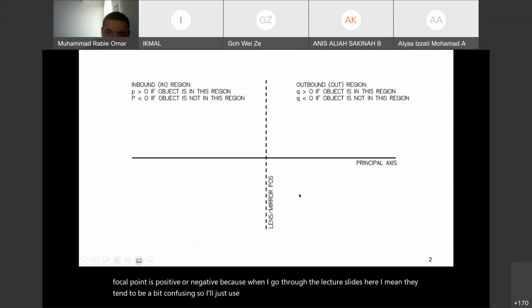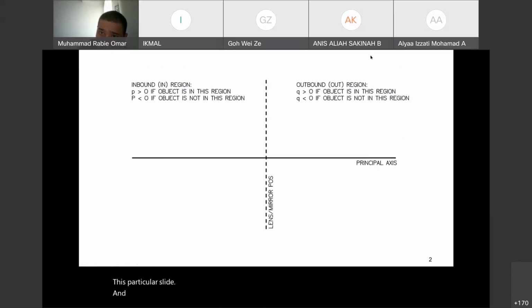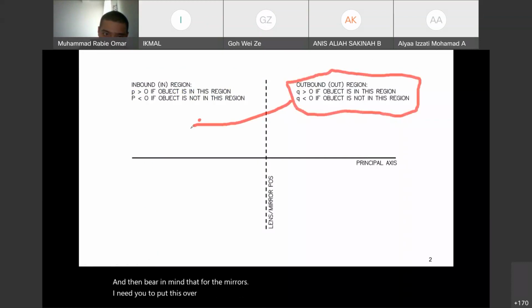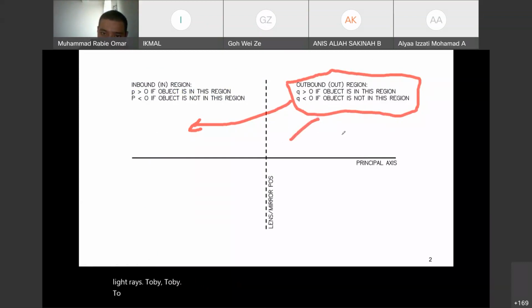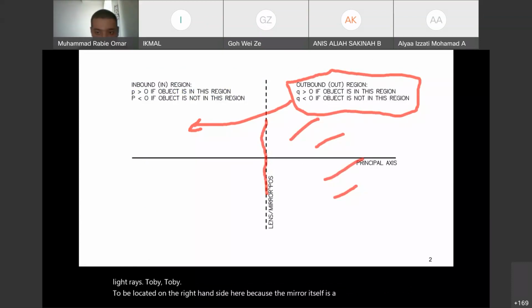I'm using this particular slide, and bear in mind that for the mirrors, I need you to put this over here, because the inbound as well as the outbound region is on the left hand side. So it is not possible for the light rays to be located on the right hand side here, because the mirror itself is a reflecting surface. So no light will go through the mirror.